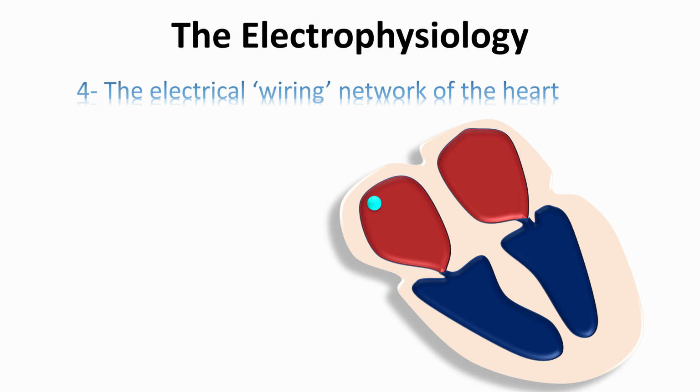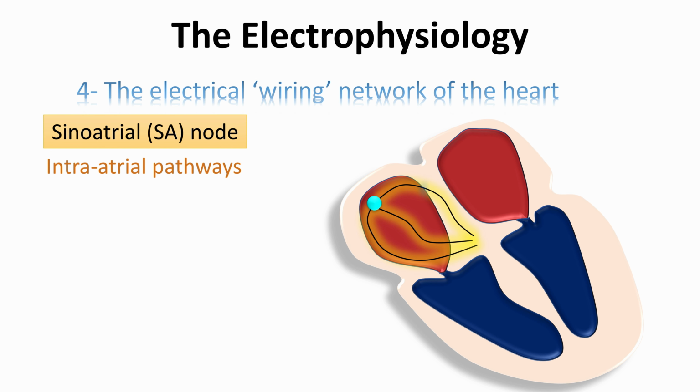The normal pacemaker is the sinoatrial node, situated in the upper portion of the right atrium. From the SA node, the electrical impulse spreads to the right atrium through three intra-atrial pathways, while Bachmann's bundle carries the impulse to the left atrium.